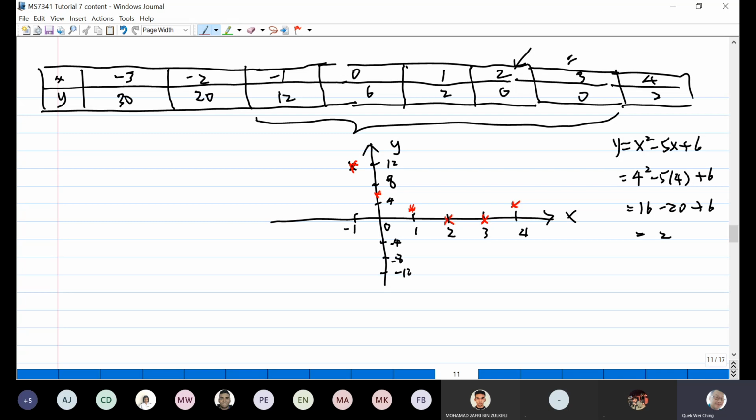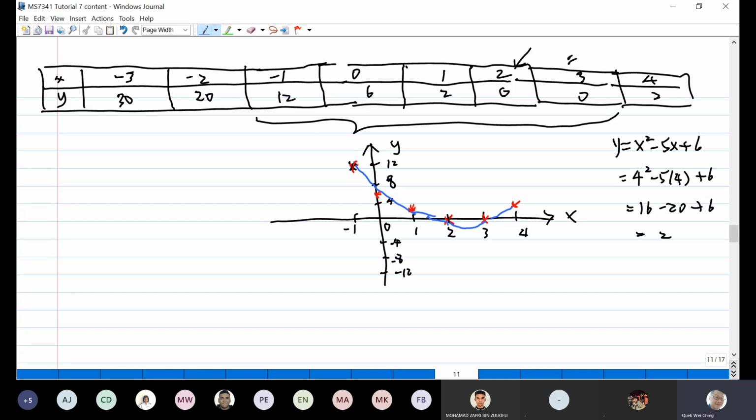So you can see the pattern of how the graph looks like. It's something like this. This kind of curve is called a parabola. So you join this together. Join them. Now to here, you go down a little bit, then go up again.